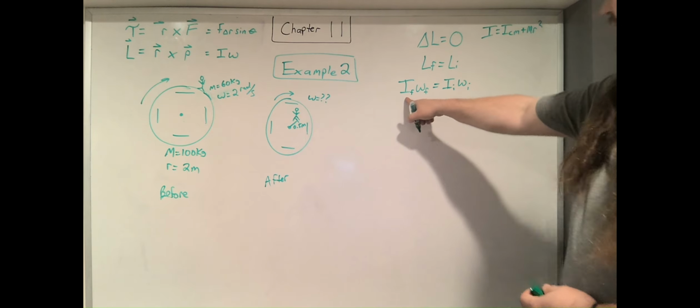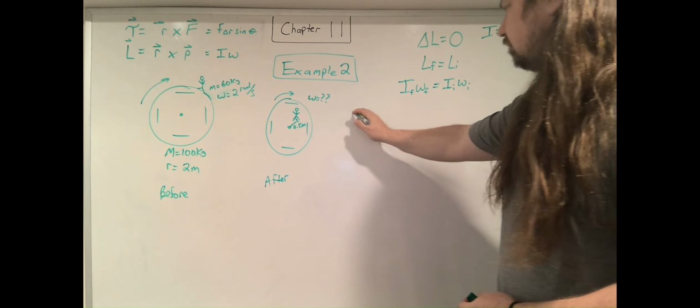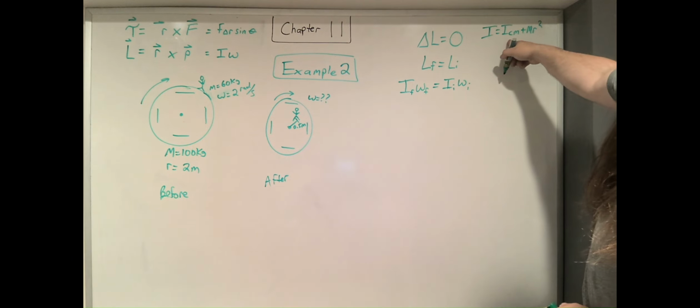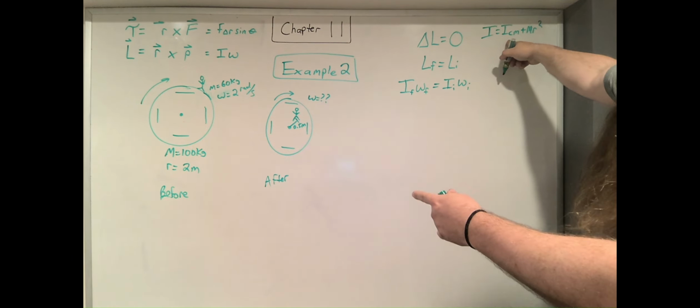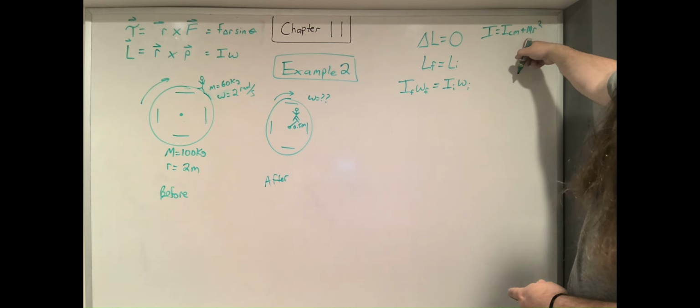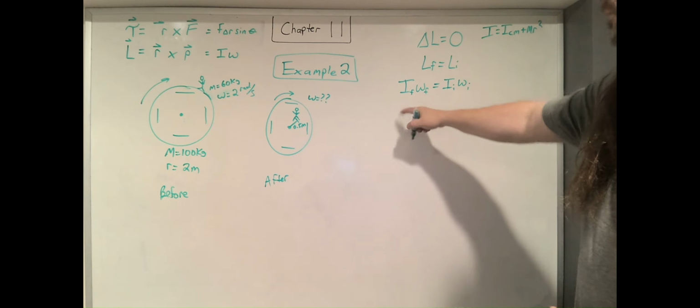So I'm going to grab I final, and I want to write it out as being both the merry-go-round itself plus the small child being added. That's what I want to use for the I final.